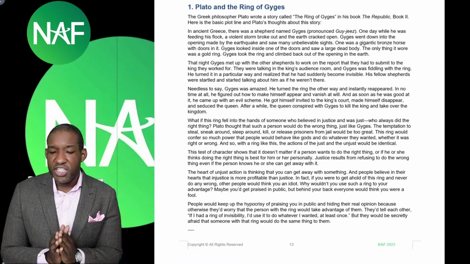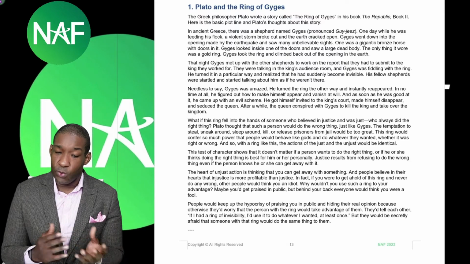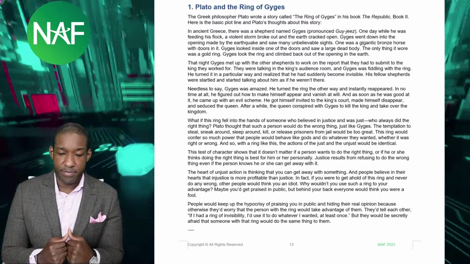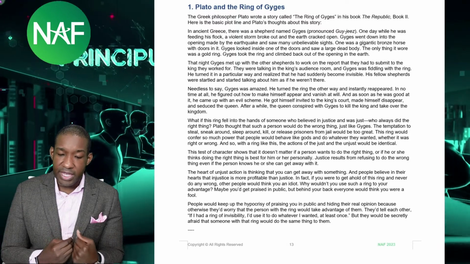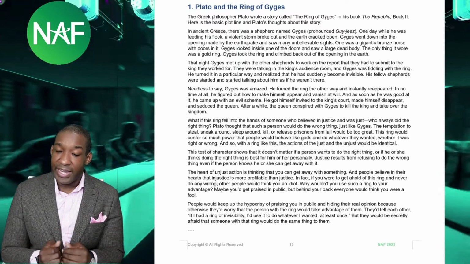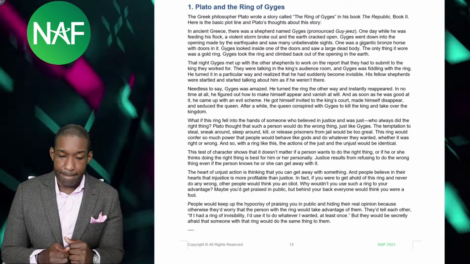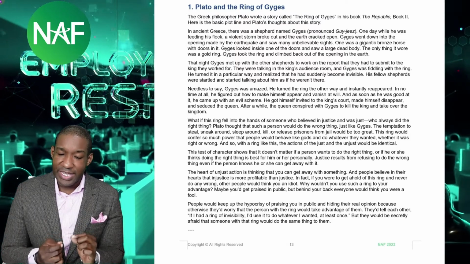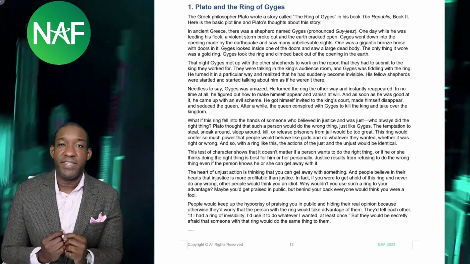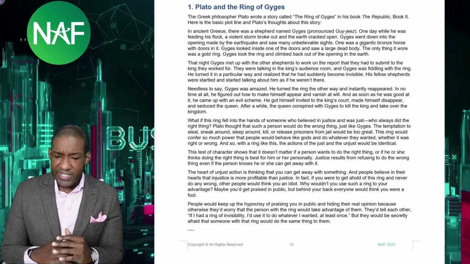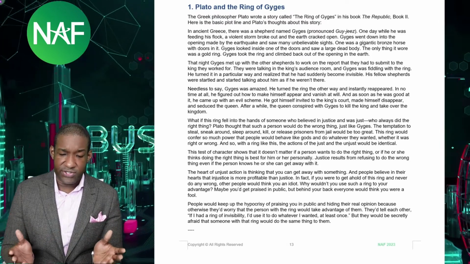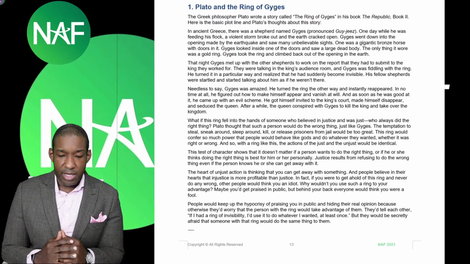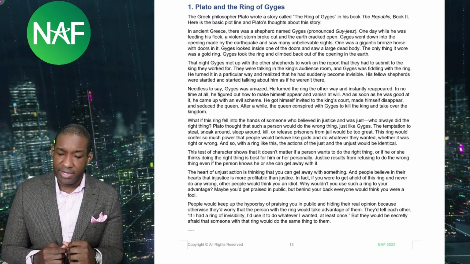That night, Gyges met up with the other shepherds to work on the report that they had to submit to the king they worked for. They were talking in the king's audience room, and Gyges was fiddling with the ring. He turned it in a particular way and realized that he had suddenly become invisible. His fellow shepherds were startled and started talking about him as if he wasn't there. Needless to say, Gyges was amazed.